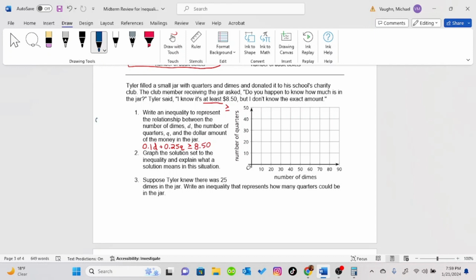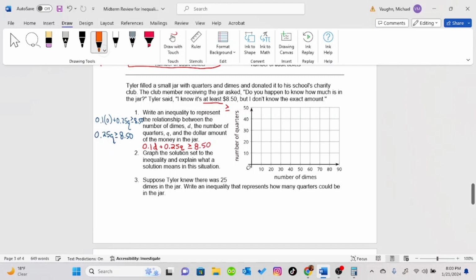So 0.1 times 0 plus 0.25Q is greater than or equal to 8.50. 0.1 times 0 is 0. So we have 0.25Q must be greater than or equal to 8.50.